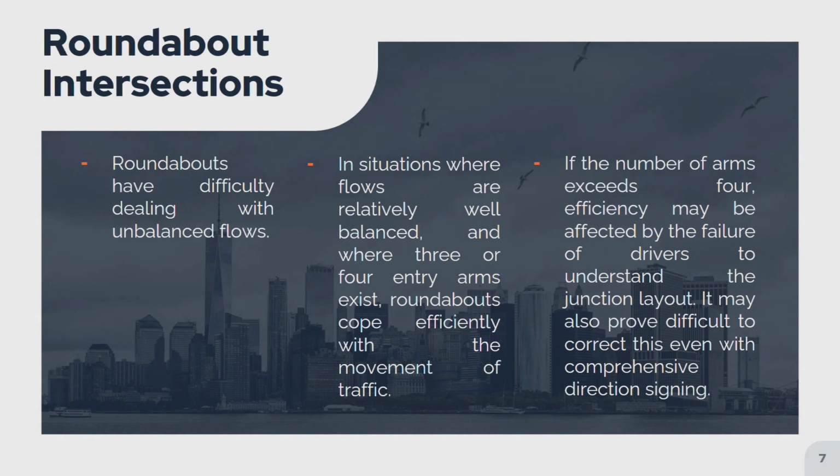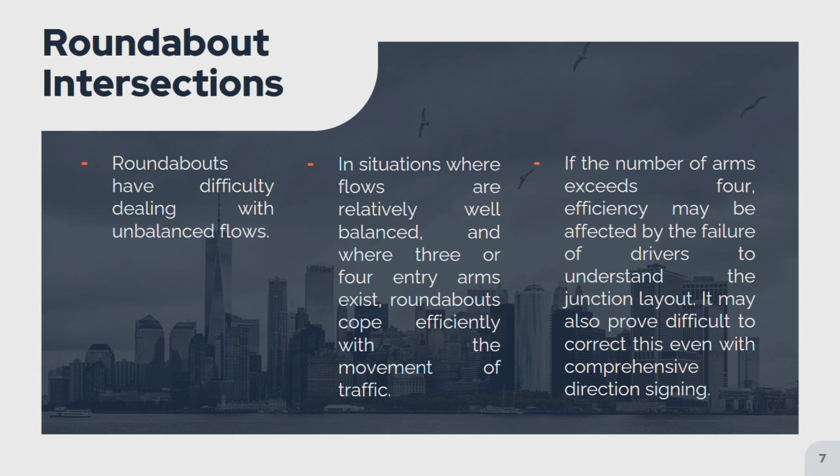Roundabouts have difficulty dealing with unbalanced flows. As the number of arms increases, it becomes much more complicated to maintain the smooth flow of traffic on the roundabouts because of the increased number of vehicles going around, and some drivers may strictly follow the speed limit and appropriate driving. In situations where flows are relatively well balanced and where three or four entry arms exist, roundabouts cope efficiently with the movement of traffic.